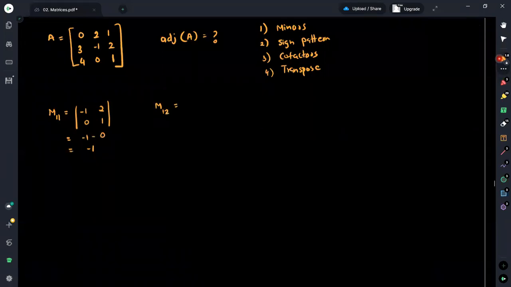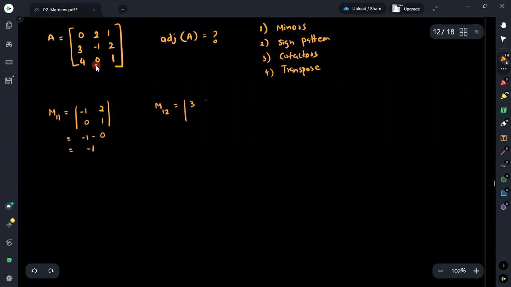Then we take M12, where the element is 2 here. We cut down the first row and the second column. The remaining elements are 3, 2, 4 and 1. If you take the difference of the products of the diagonals, it is 3 times 1 minus 4 times 2, which equals minus 5.